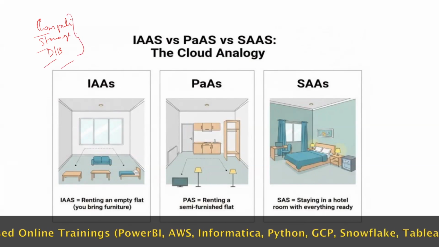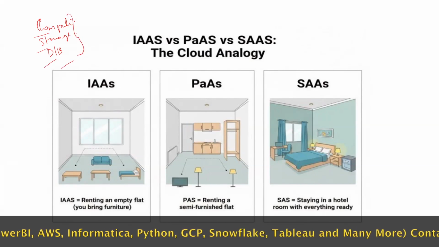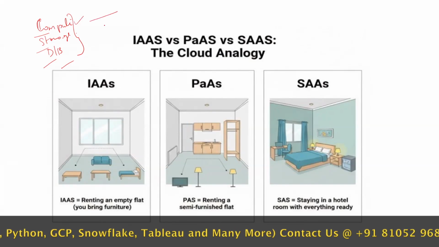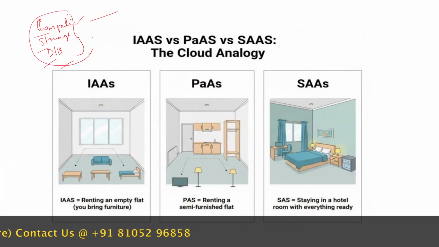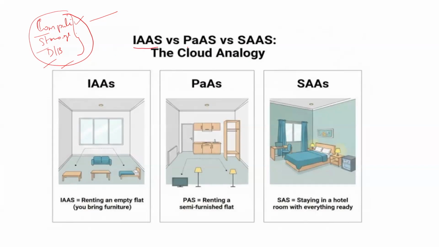So how am I using these services? When I say compute, it is the entire infrastructure. This is how they are providing you the services. Under these services, it is divided into three different parts: infrastructure as a service, platform as a service, and software as a service.